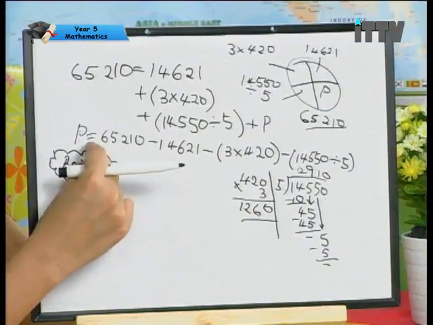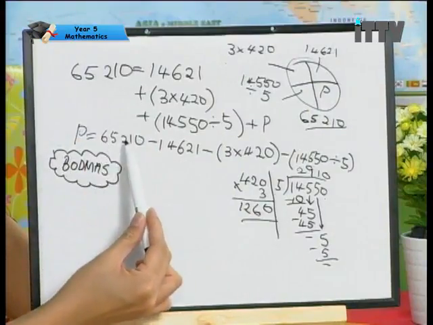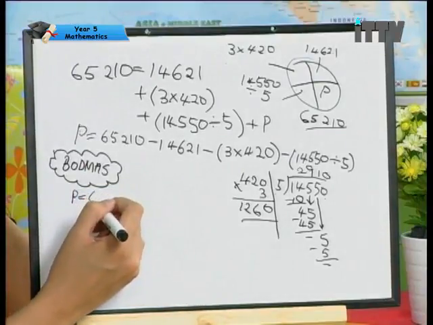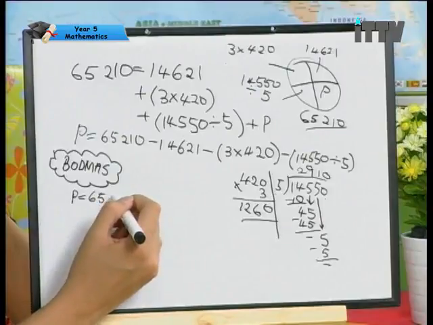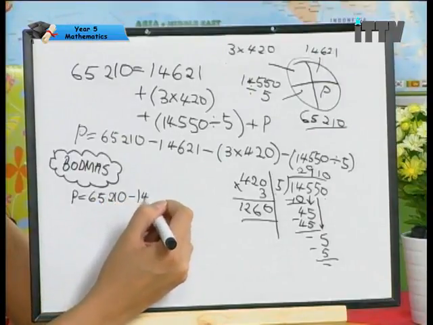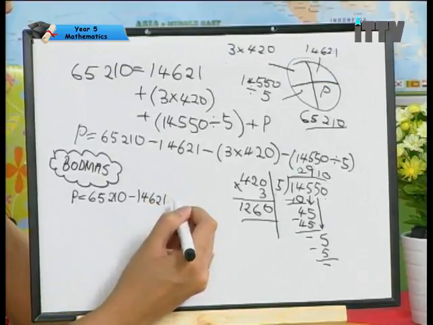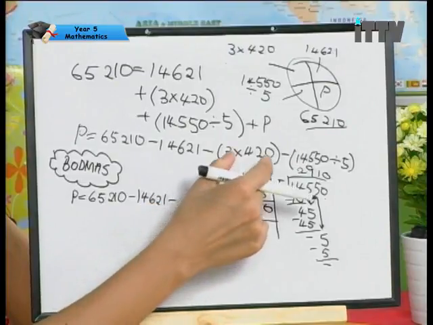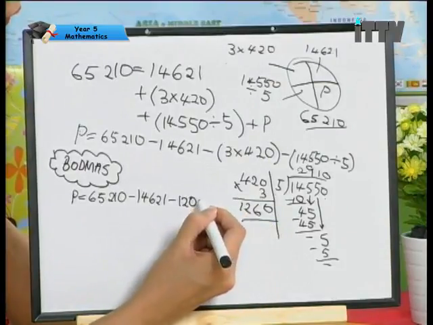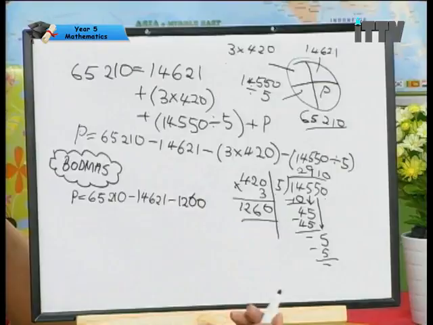P equals 65,210 minus 14,621 minus, what is this? The answer for this bracket is 1260.